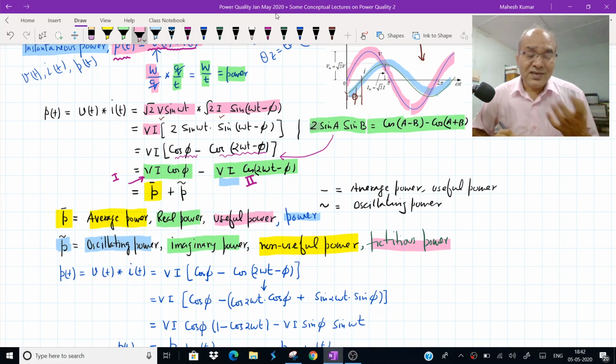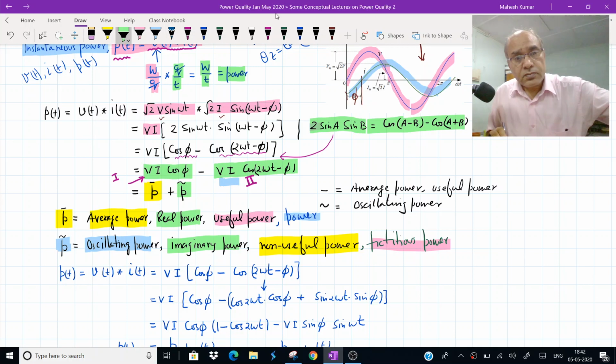But this expression is not very useful. It is okay that we can understand that any instantaneous power has an average component and an oscillating component. The average component is the real power, a constant power, and the oscillating component is a function of time with double the frequency of the supply, and its average value is 0.